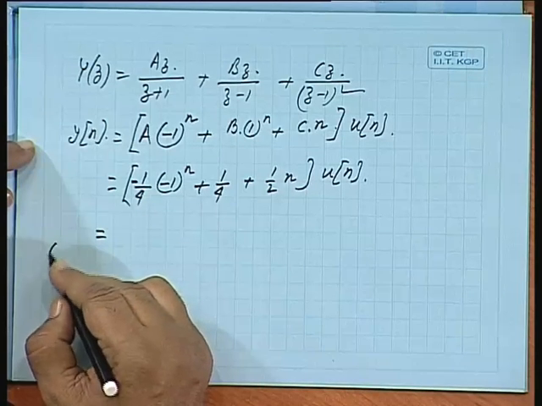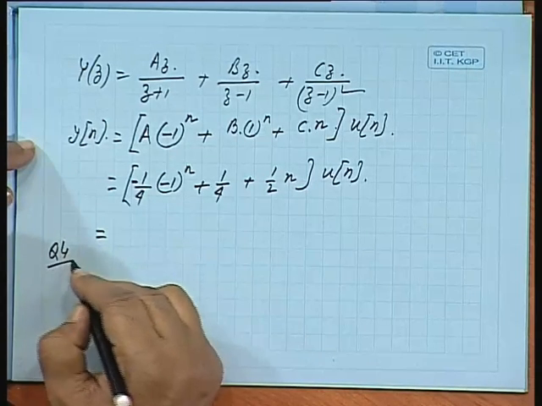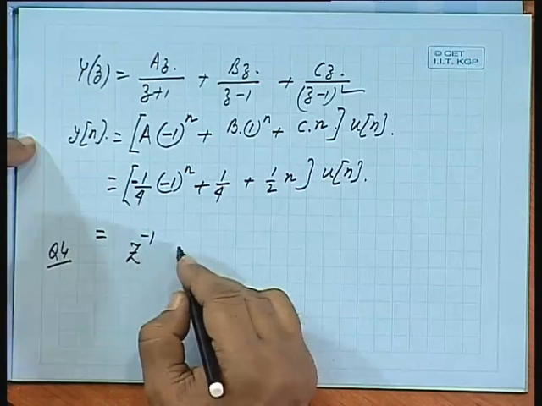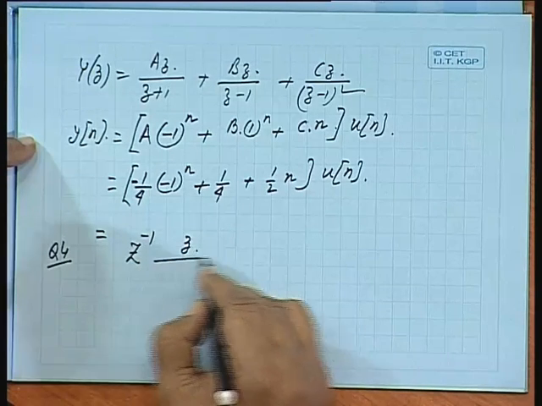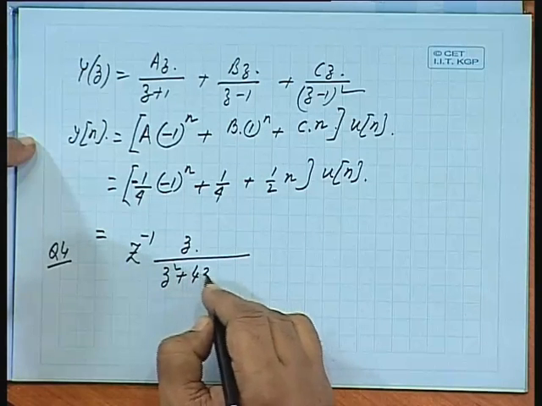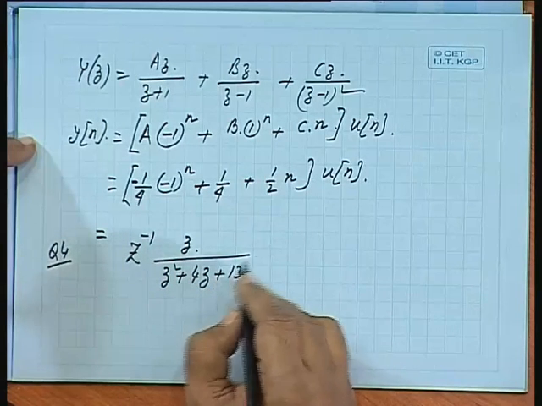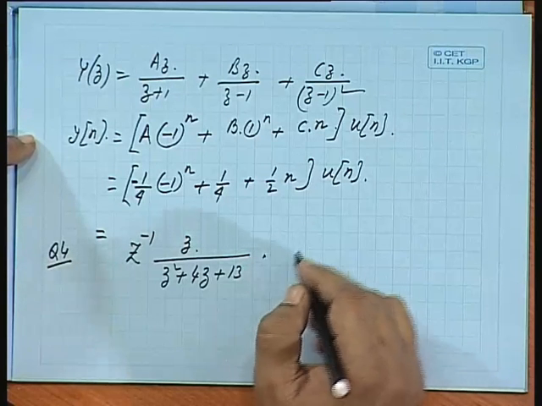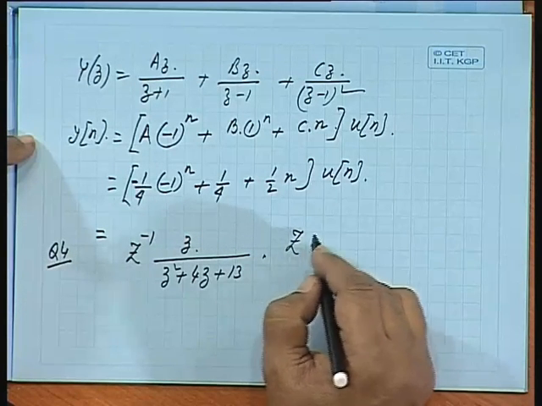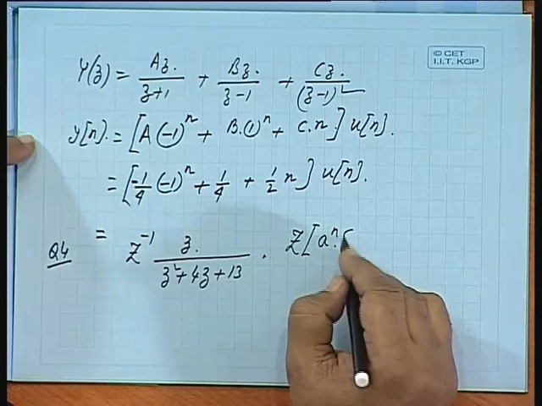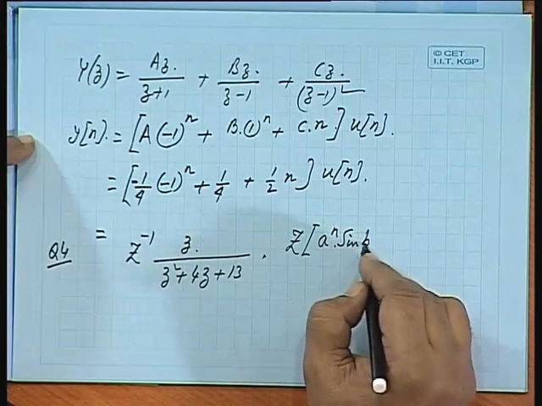Next, let us take another example on z inverse, z by z square plus 4z plus 13. This is a very familiar problem. We know the z transform of a to the power n sin bn.